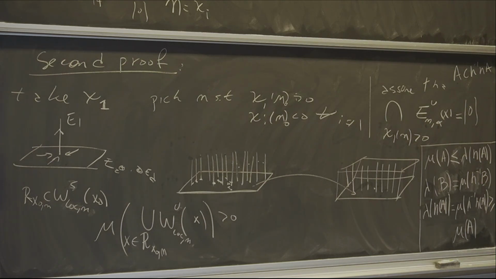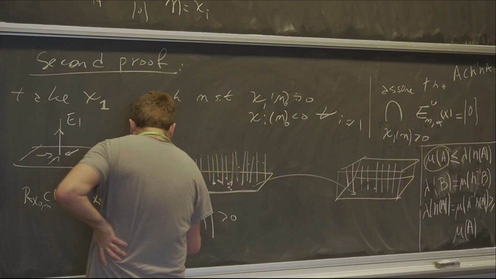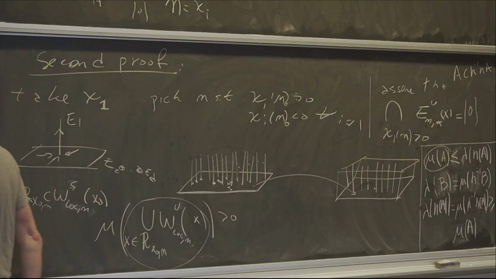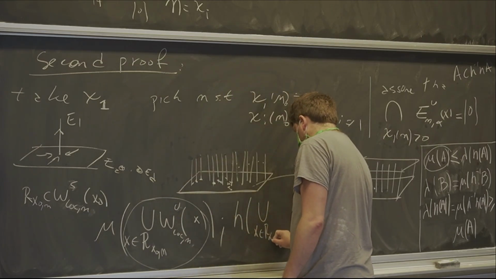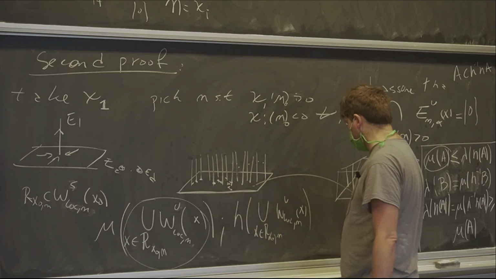Okay. So now I will manufacture this set A, which will have positive measure here, and will project into a set of zero measure. Now, how do I make it project into a set of zero measure? Well, when I project a set like this, how does this guy project? So h of the union with x in R x of n of these guys.